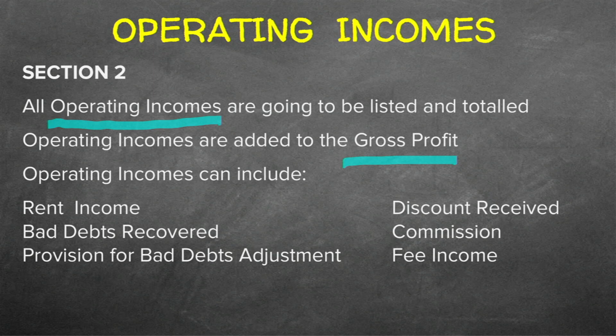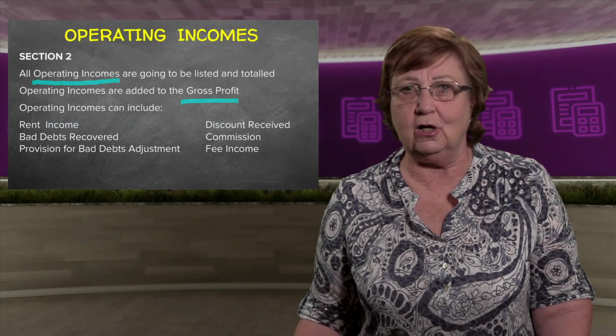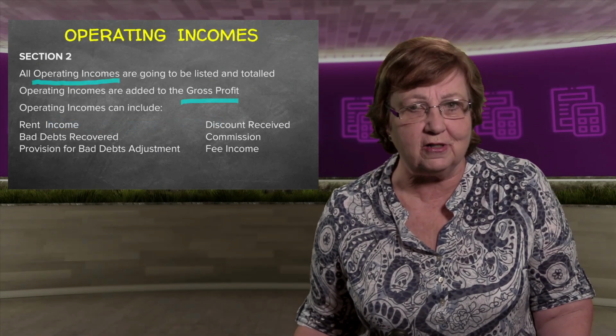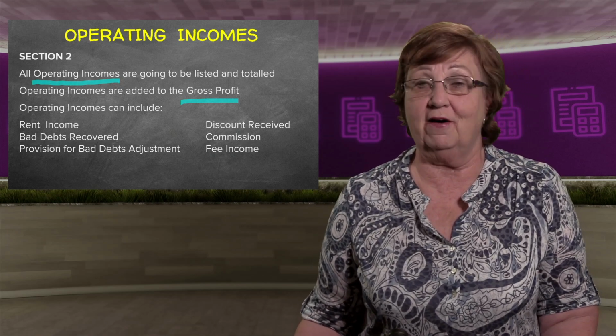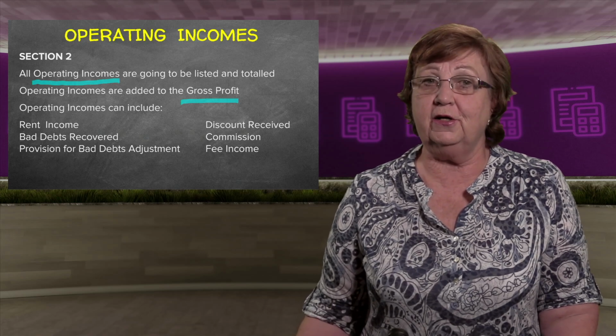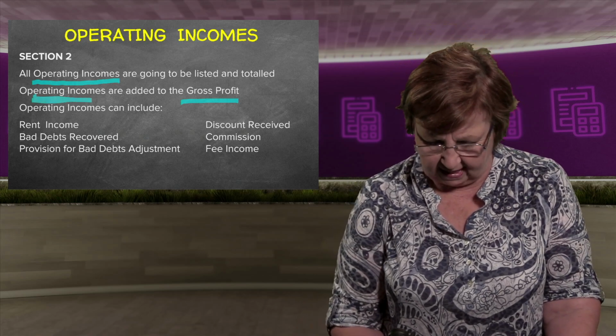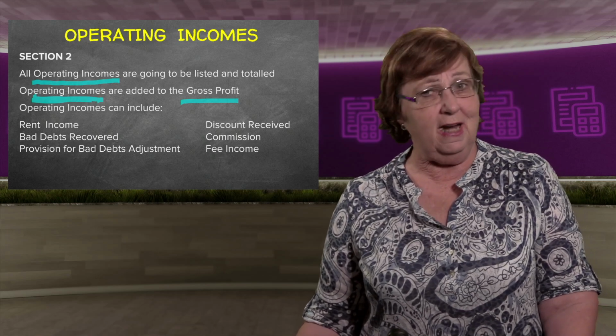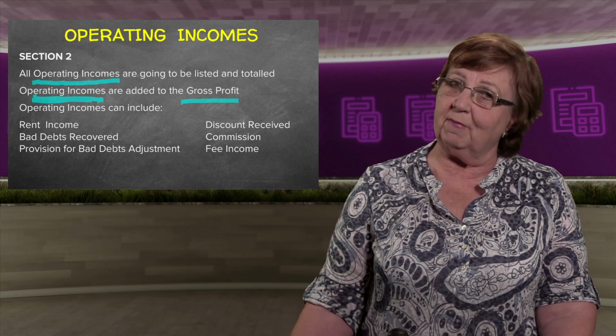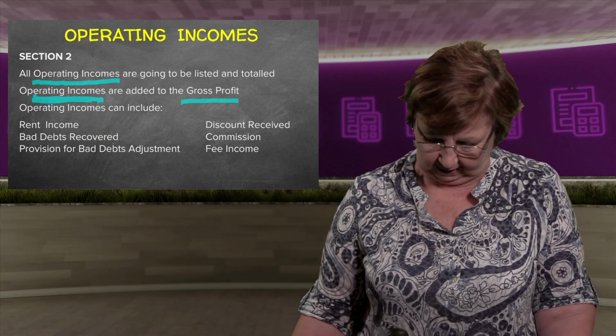Rent income, bad debts recovered, provision for bad debts adjustment, discount received, commission, fee income. Please note, there's no interest. Remember, interest goes right at the bottom of our income statement. So these are operating incomes, and you will also remember from last year that my interest is a financial income and not an operating income.